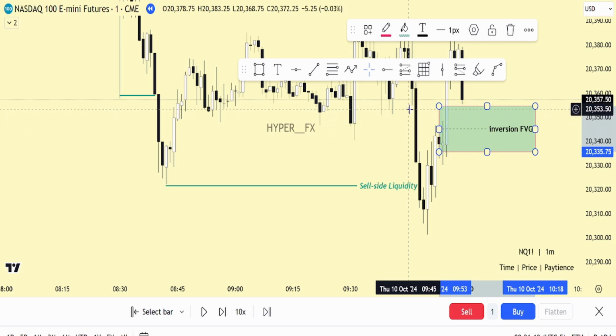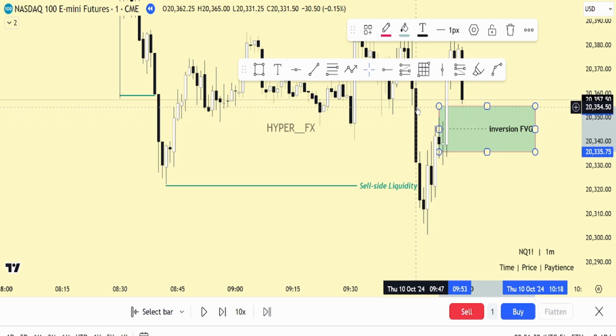So the difference between this low and this high is what is a fair value gap. So there was no buy side movement inside this place. That means there was only sell side delivery.